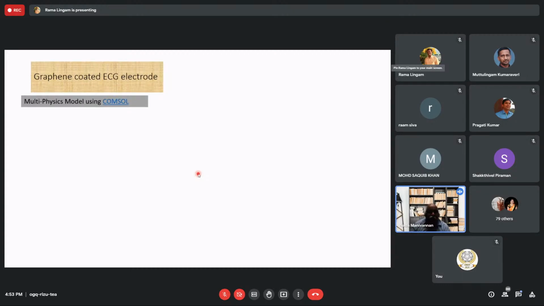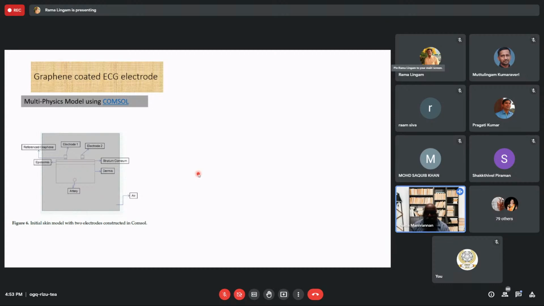Another thing we did, as engineers, is that we always want to do some verification with modeling work or theoretical analysis. So we use COMSOL, a multi-physics software which allows you to create a three-dimensional or two-dimensional model, whichever is more suitable for your application. Then we can see how the electrical or physical properties change under certain conditions.